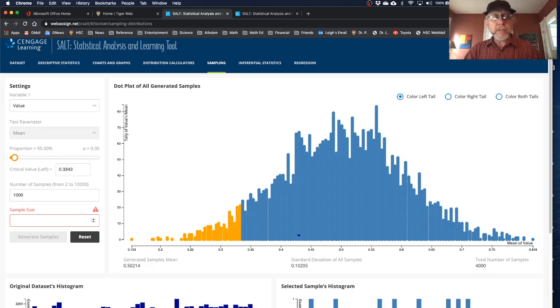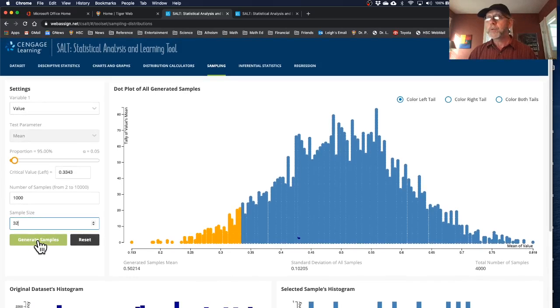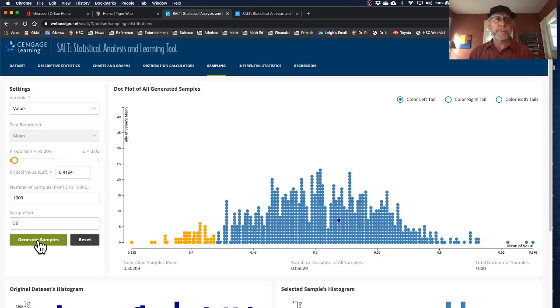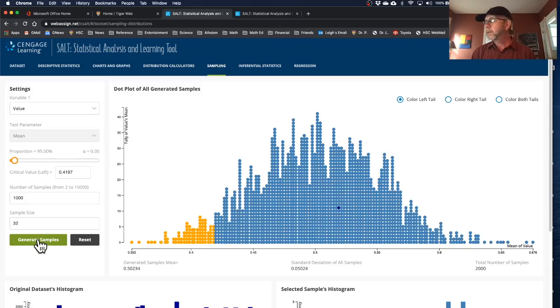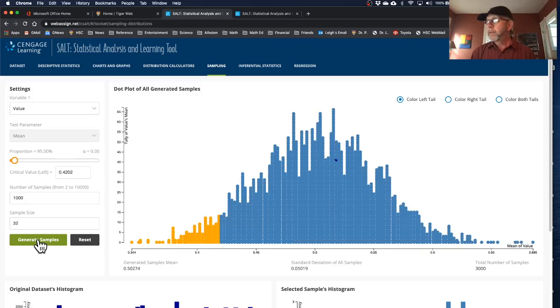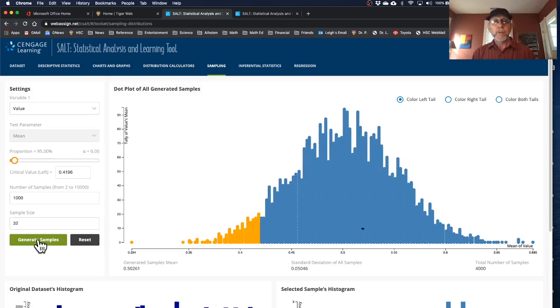So now let me increase the sample size by a factor of 4 again and regenerate the samples. There we go. There's our first 1,000, 2,000, 3,000, and 4,000 samples.